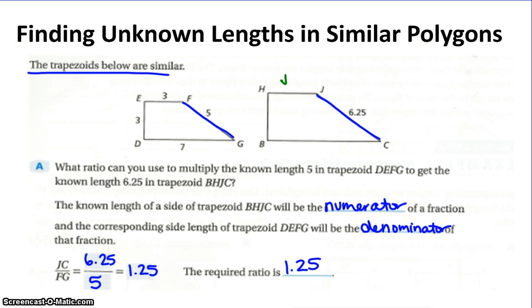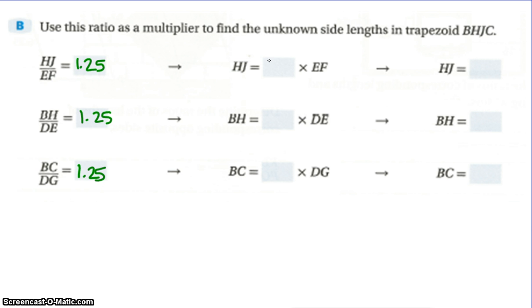So HJ is going to be equal to 1.25 times the corresponding side EF. And EF is 3, so that means HJ must be 3.75. So 1.25 times 3 equals 3.75.